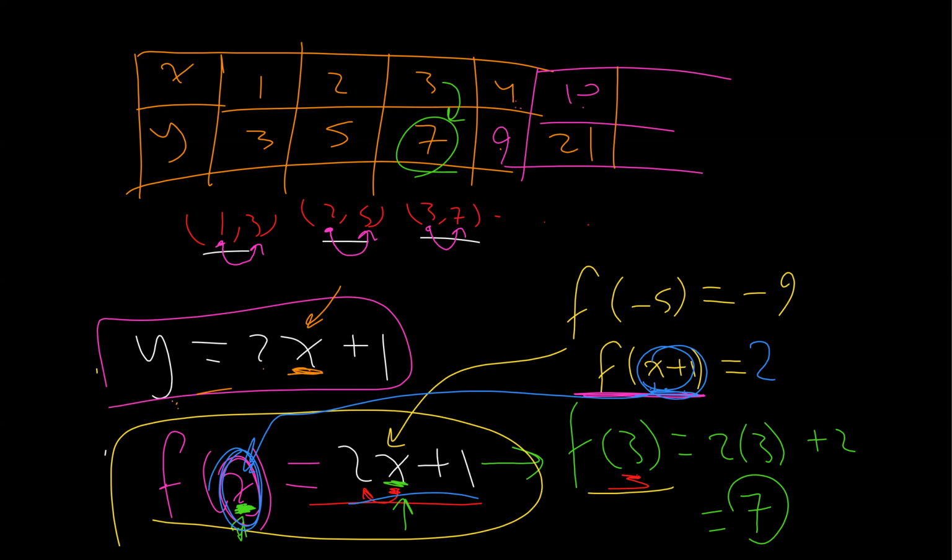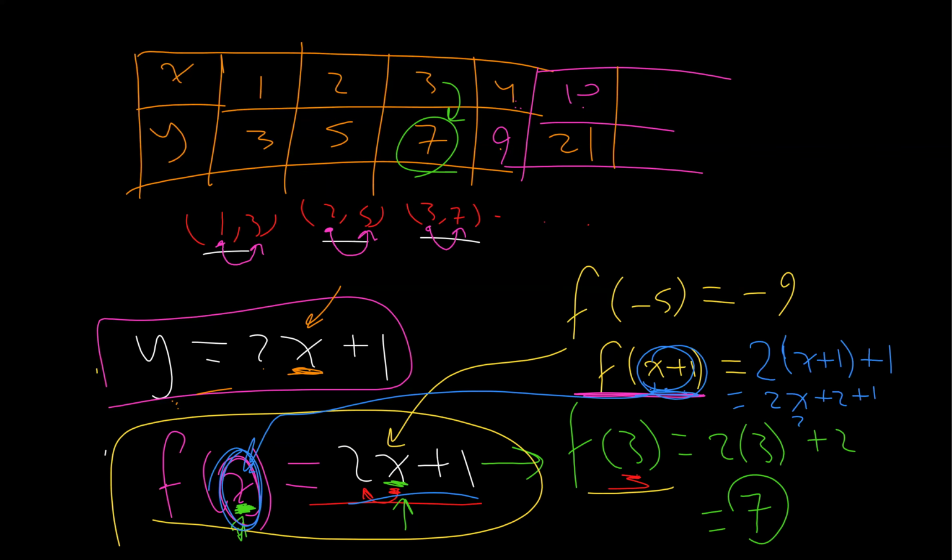So instead of 2x plus 1, instead of x we write this value, which is x plus 1. So we write x plus 1 in a bracket, then plus 1. Then 2 times x is 2x, then 2 times 1 is 2, plus 1.